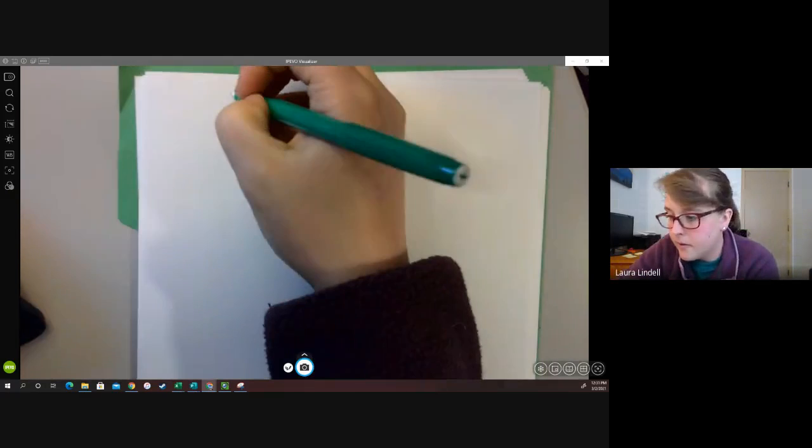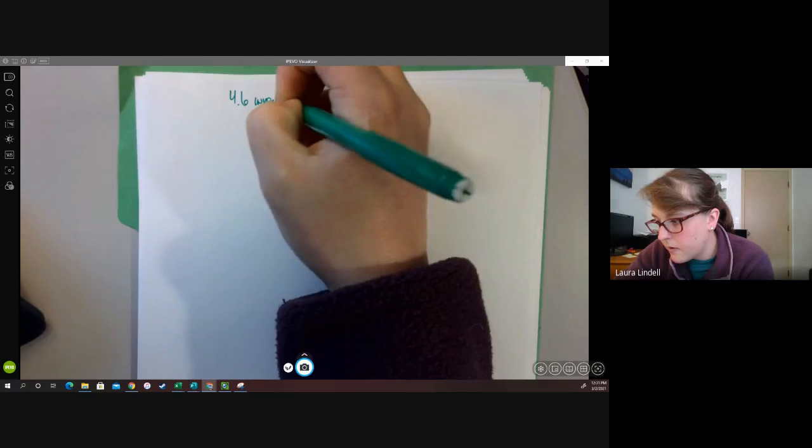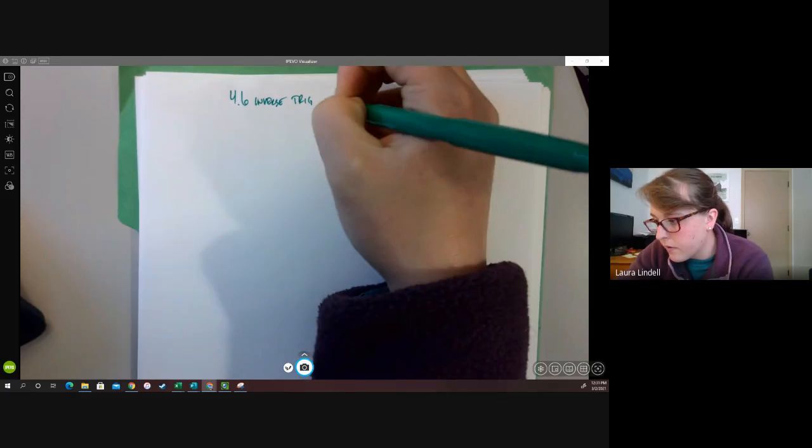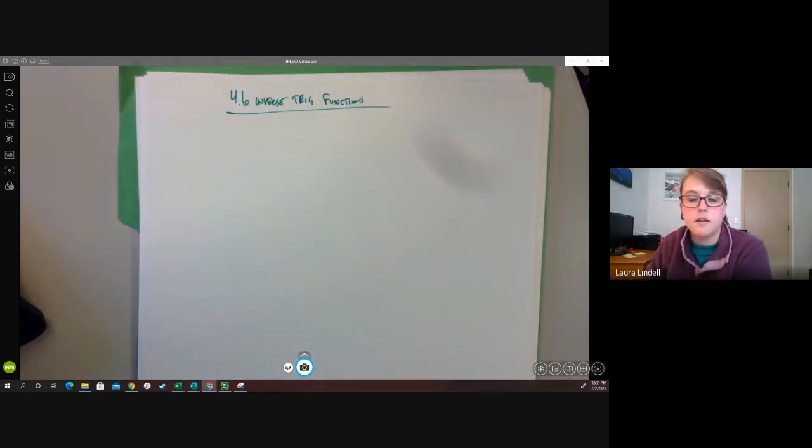4.6. Inverse trig functions. Okay. So the way that I want us to start thinking about inverse trig is that you can use them to undo a trig function.